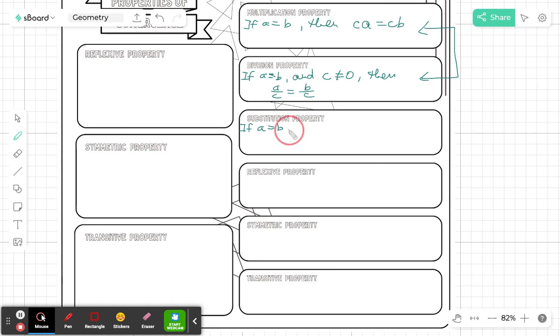So we would say then either A or B may be substituted for the other in any equation or inequality. That works as well.